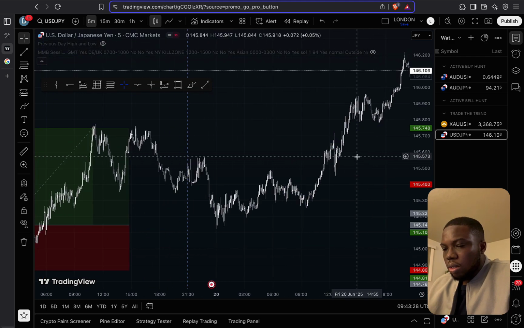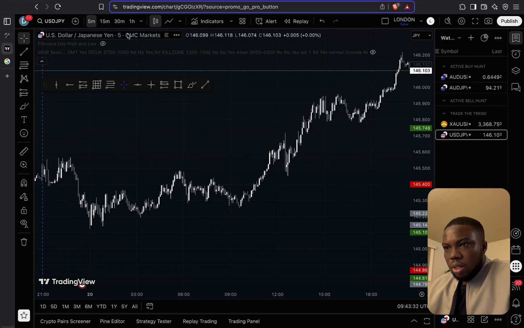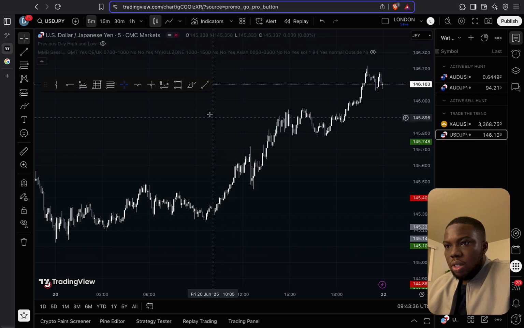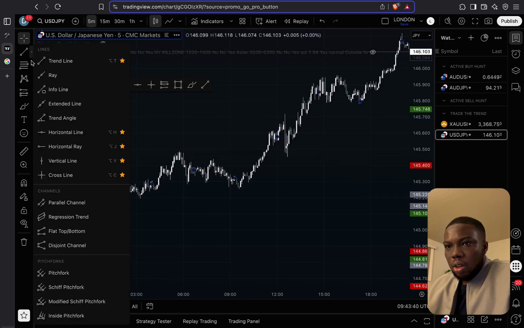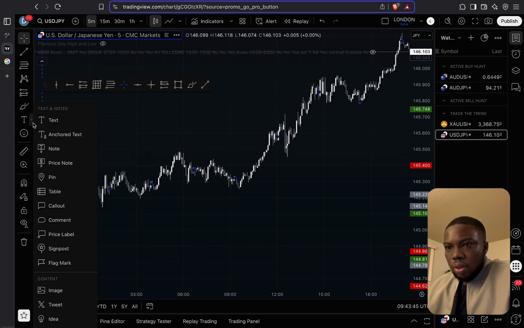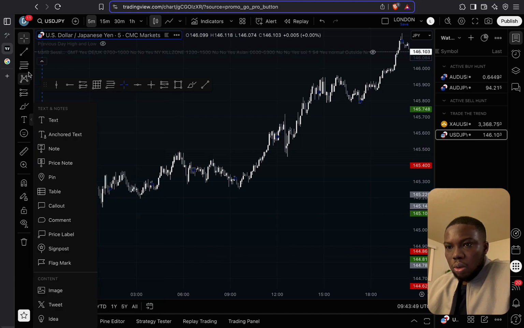This is how a chart looks. It's a 5-minute chart on the USD. It has a lot of tools at the left side that you can use. So yeah, that's it for TradingView.